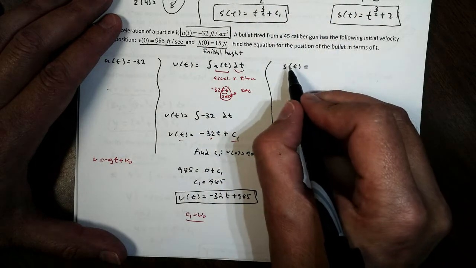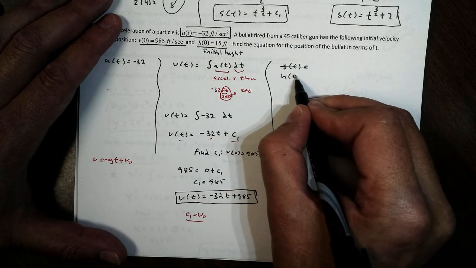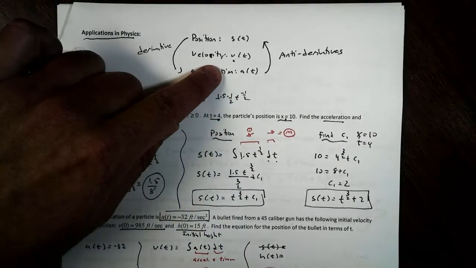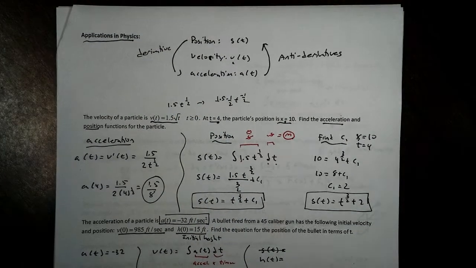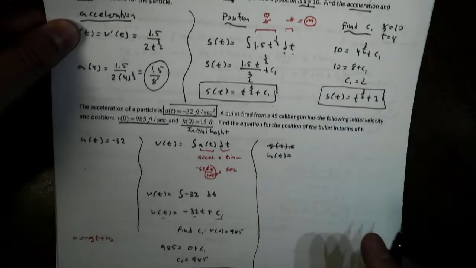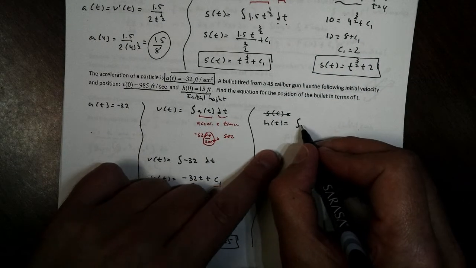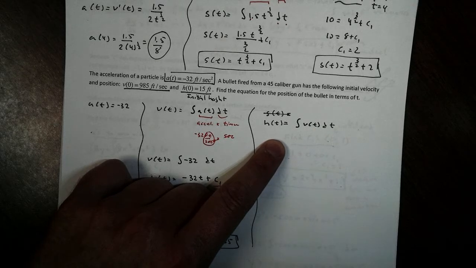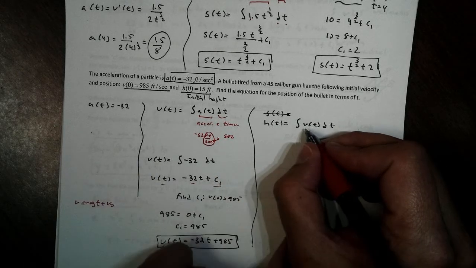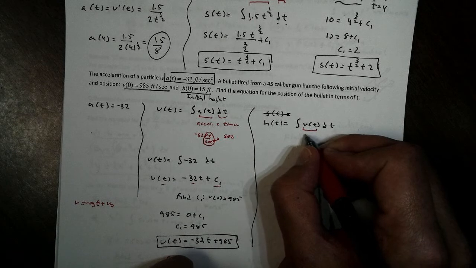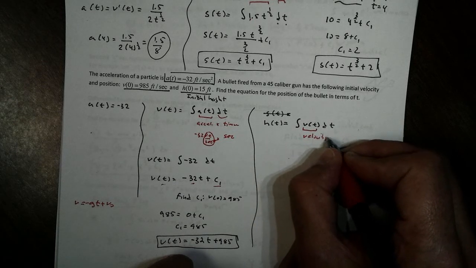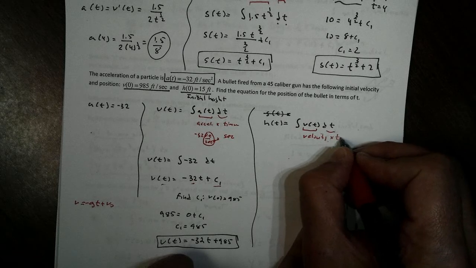They use h, so I should use h. If you use s, they're not going to be mad at it. So given velocity, to go to position, I have to use antiderivatives, and I'm going to integrate my velocity function. Let's again look at the units. Write this down. Velocity is measured in meters per second, or feet per second. dt is your time.